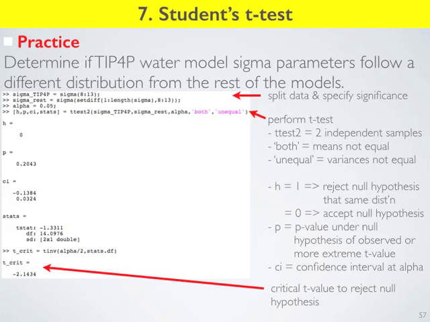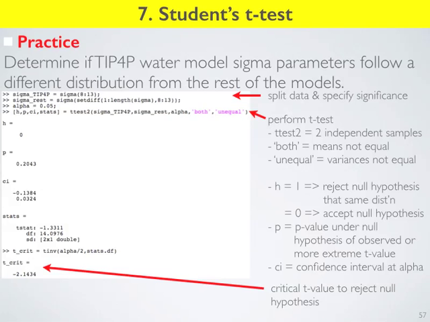Okay, last slide. How do we actually do this in practice? Through an example, let's ask the question: do the sigma parameters for TIP4P water models differ significantly from the sigma parameters from the rest of the water models? If you open up your file water_models.csv, you will see that some of the models are called TIP4P something, and some of them are called different things.